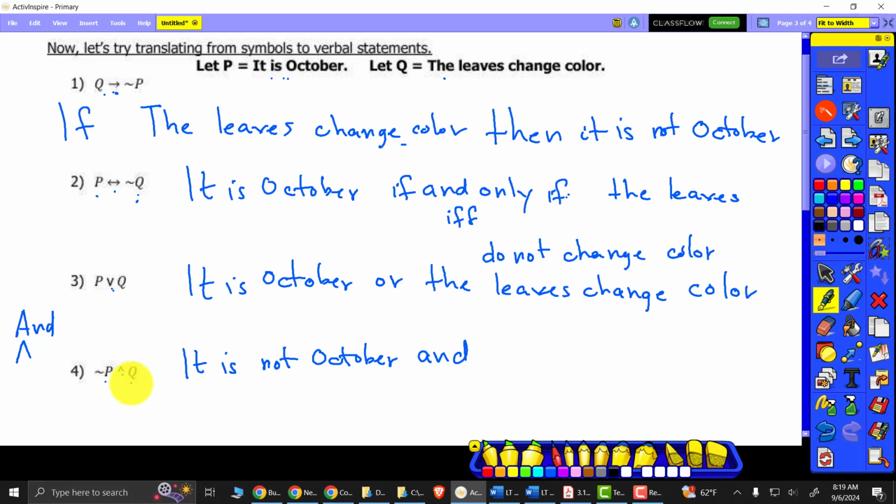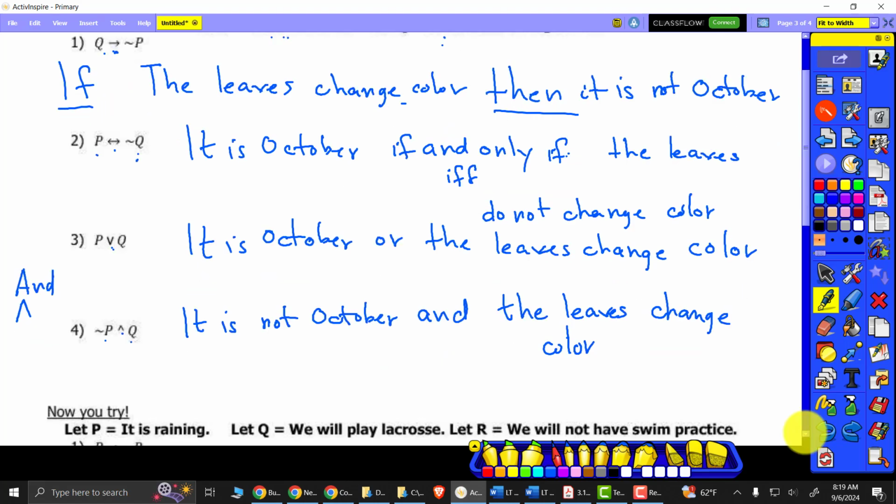We just have to copy Q, and Q says the leaves change color. All right? So notice that we only have the word if then here. If you see this statement, that's your conditional statement, the if then statement. Okay? All right. Now you try.